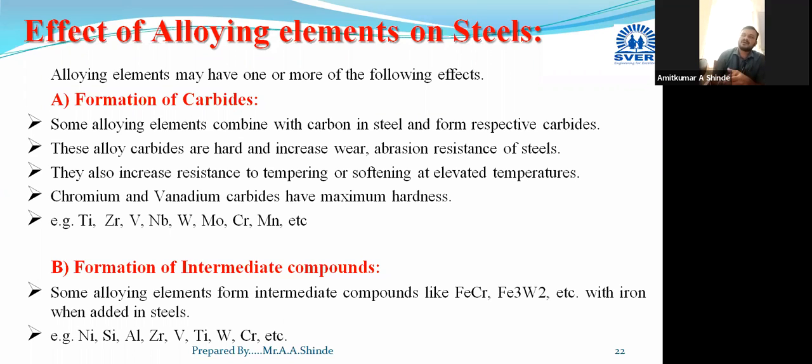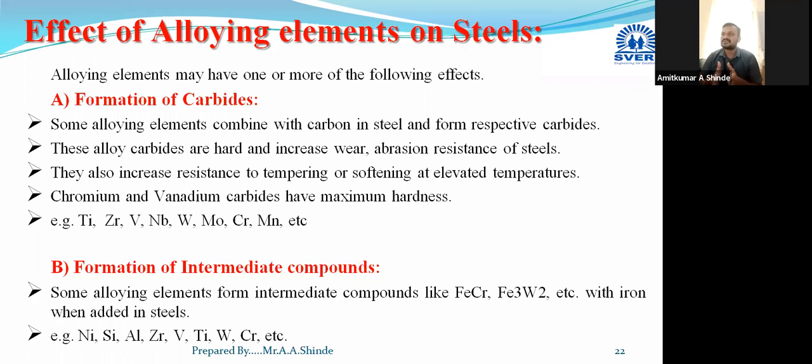Then they also increase the resistance to softening or tempering at elevated temperatures. Elevated temperatures are nothing but higher temperature ranges. Whenever a high temperature surrounding is there, steel will become soft in nature.